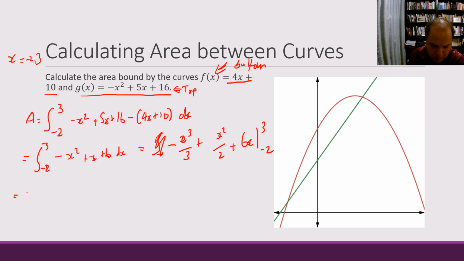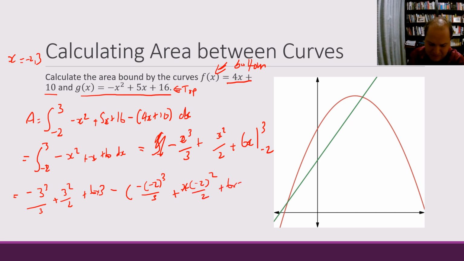That's going to equal -3 cubed on 3 plus 3 squared on 2 plus 6 times 3, minus the quantity -(-2) cubed on 3 plus (-2) squared on 2 plus 6 times -2.